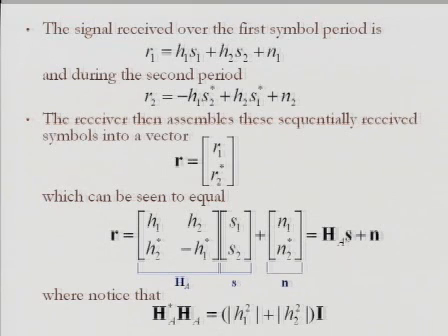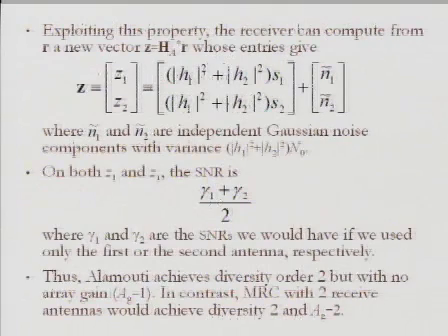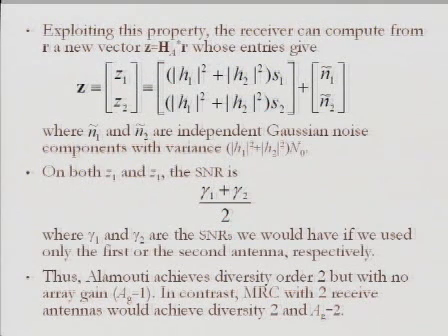You pre-multiply it by H Alamouti conjugate, and you get this. Okay? So you get a vector whose first component is proportional to S1, and the second component is proportional to S2, plus some noises N tilde, which are the same noises we had at the beginning, except that with the variance increased by this same factor. So this factor appears everywhere, right? The signals are multiplied by this factor, and the noises are multiplied by this factor.